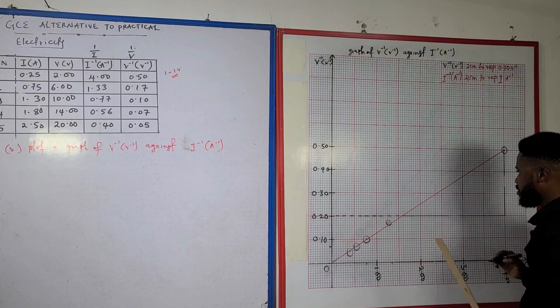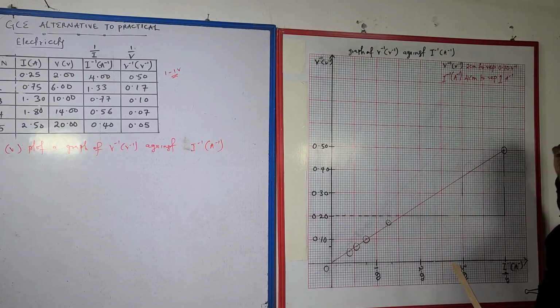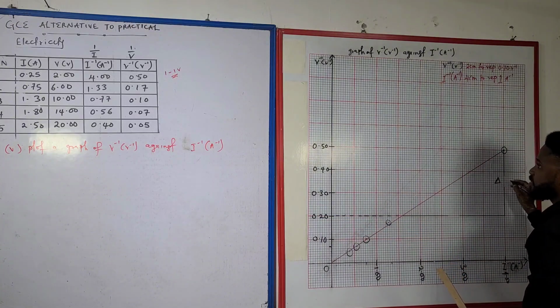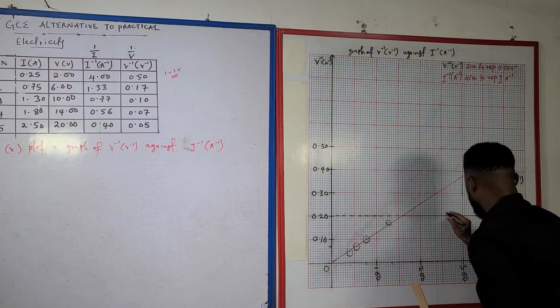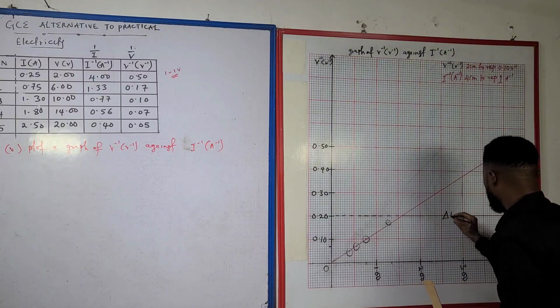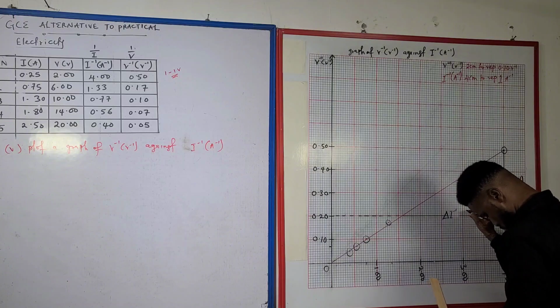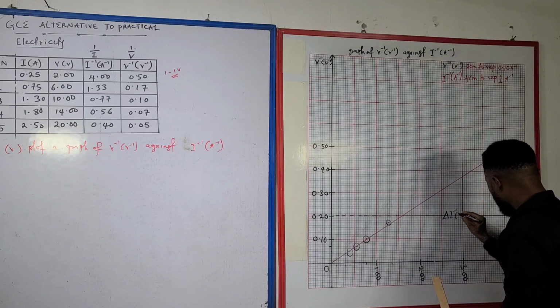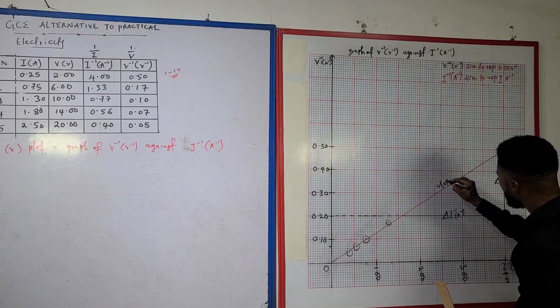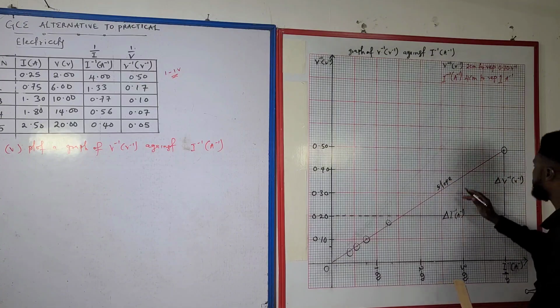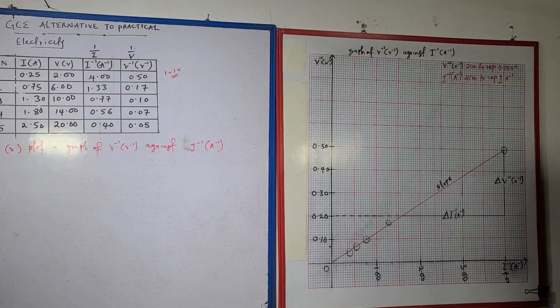Okay, so this is my change in volt per volt, and this here is my change in the inverse of the current. So this here is going to represent my slope.